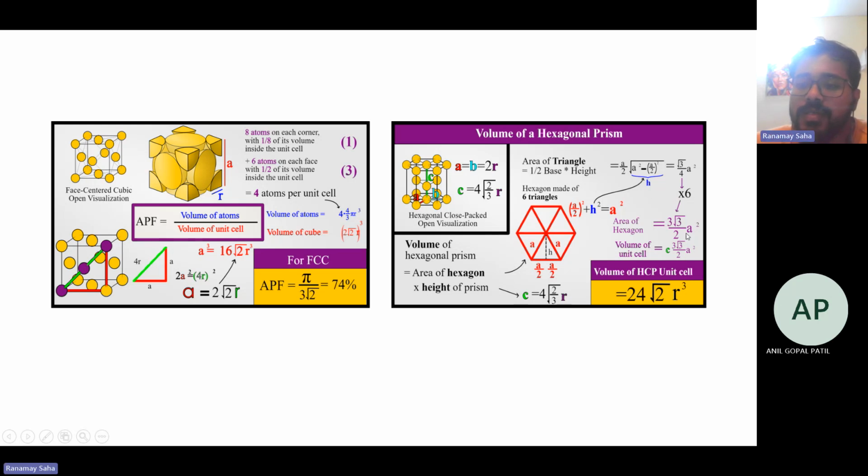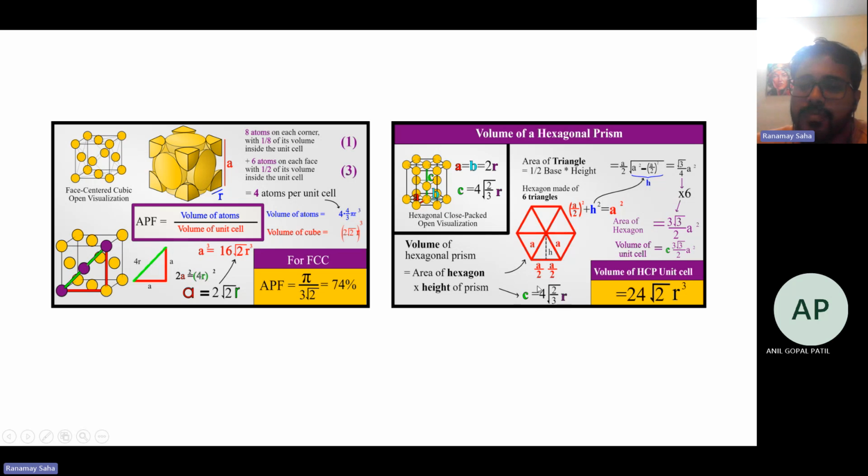You can find out the area of the hexagon by multiplying by 6 for the six triangles, 3 root 3 by 2 x square. And if you know the area of the hexagon, you can multiply this with the height c of the HCP structure to find out the volume of the unit cell.